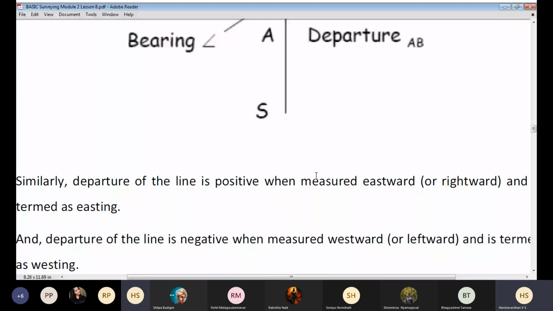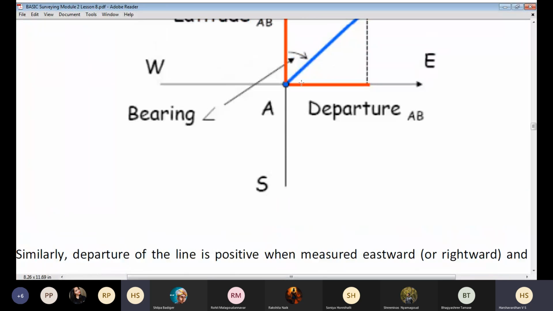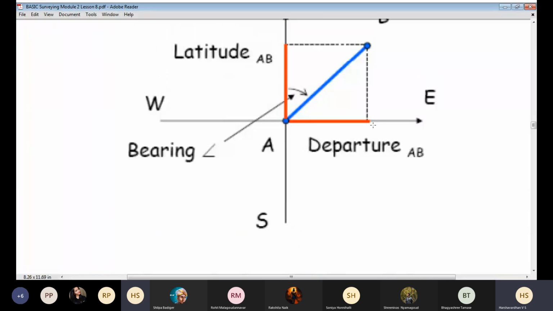And for departure, the line is positive when it is measured eastward or rightward, and it is termed as easting. And if the departure of the line is negative, if it is measured westward or leftward, it is termed as westing. So here the departure is along east, so it is positive.